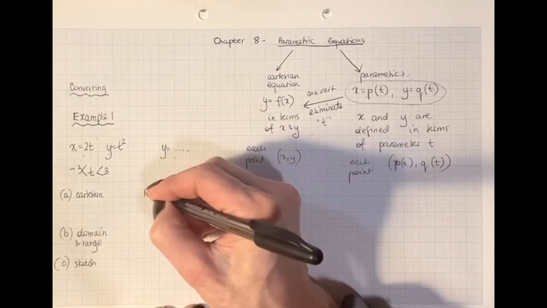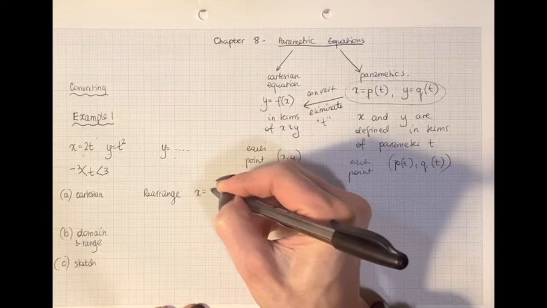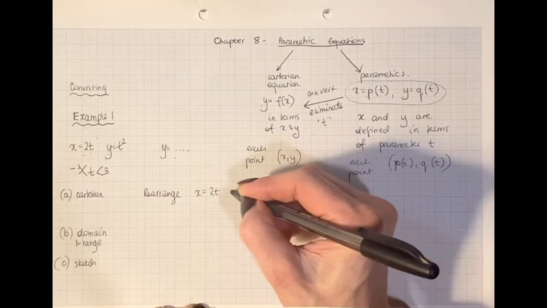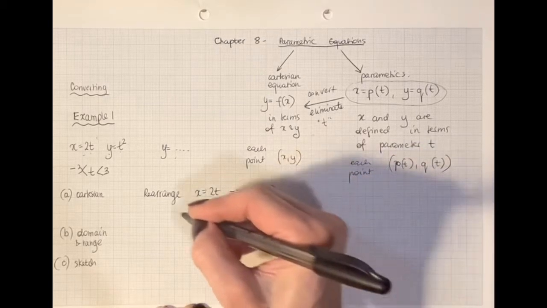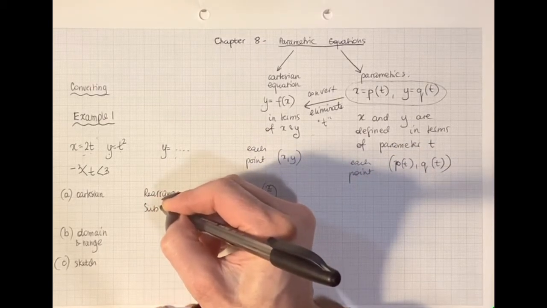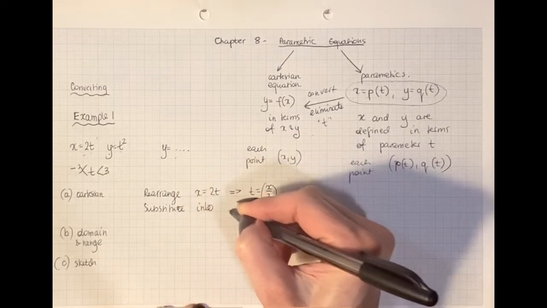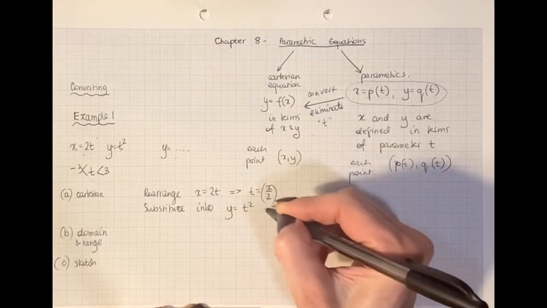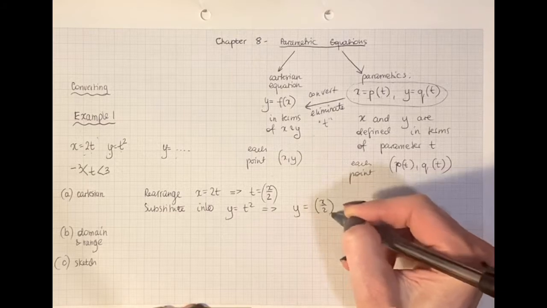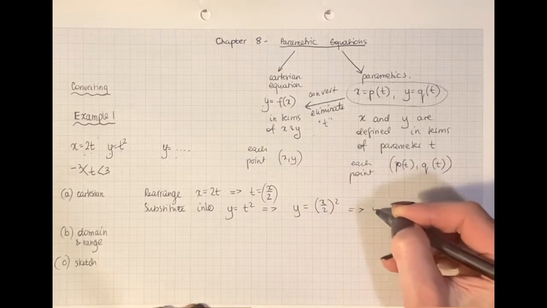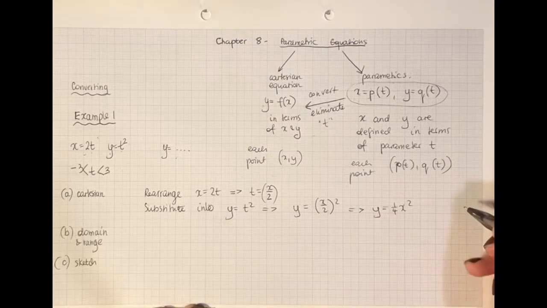So if we rearrange x equals 2t, we are going to obtain t is equal to x over 2, and this is going to be substituted into the equation for y, so y equals t squared. So you're going to obtain y equals x over 2 squared, which means we have y equals 1/4 of x squared. So that's a quadratic function.